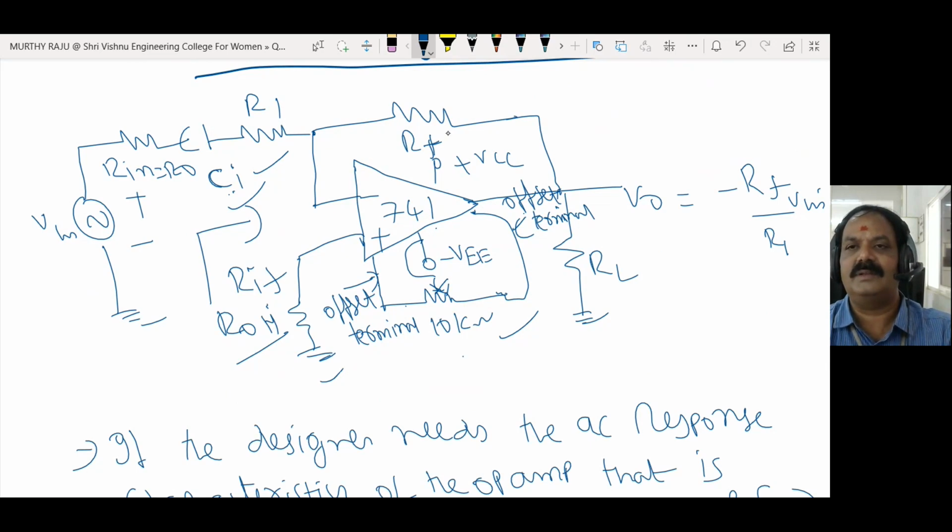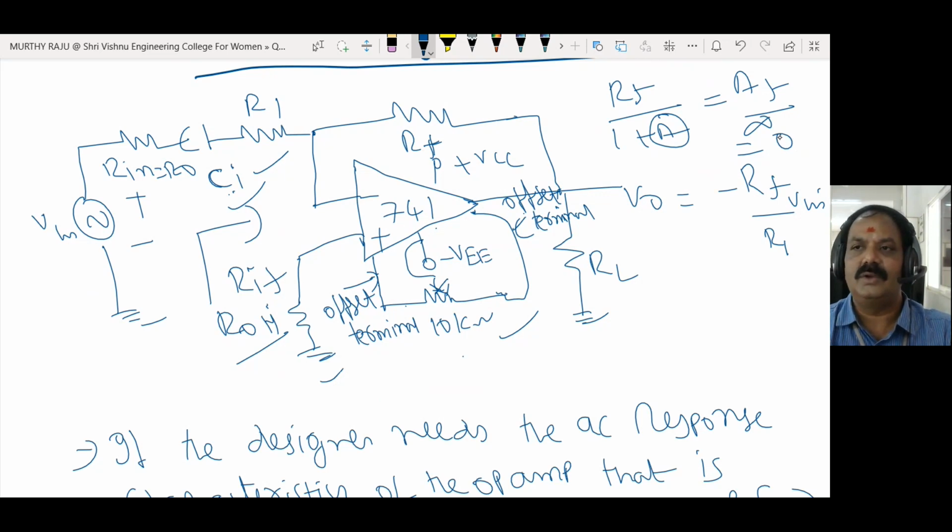According to Miller's theorem, on the input side it is RF by 1 plus A. Here A is very high, so RF by A is a low value, approximately 0. That is approximately equal to R1.